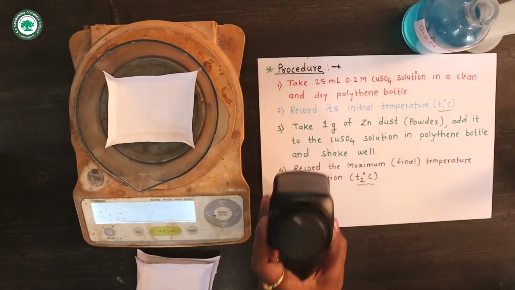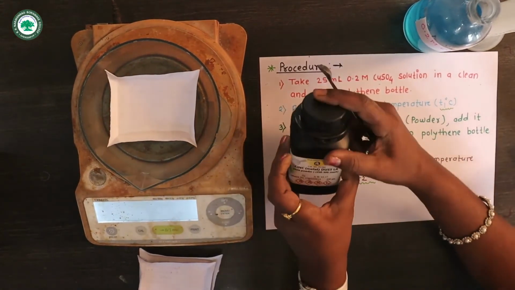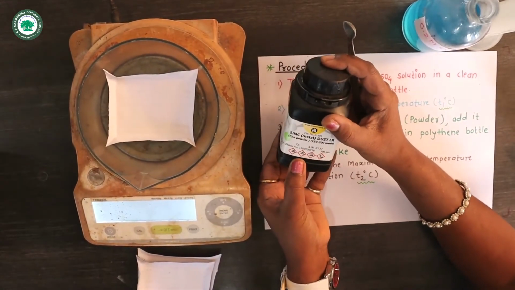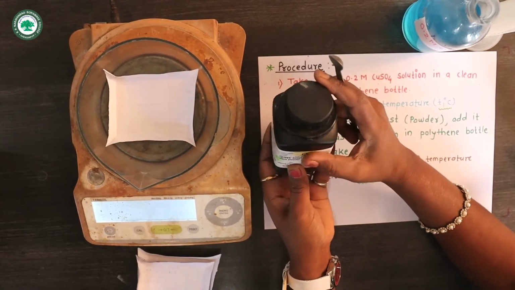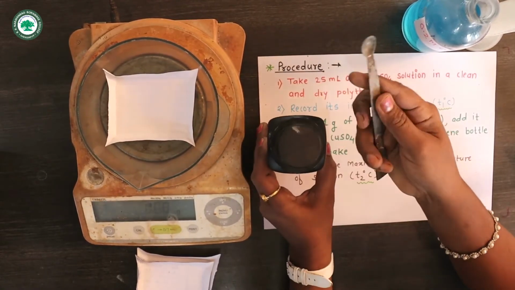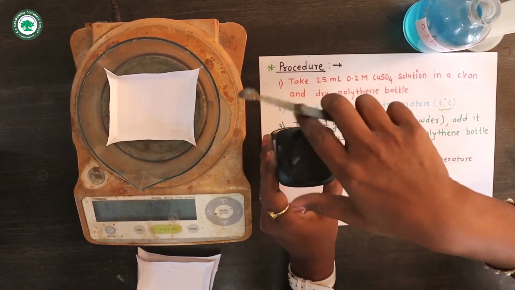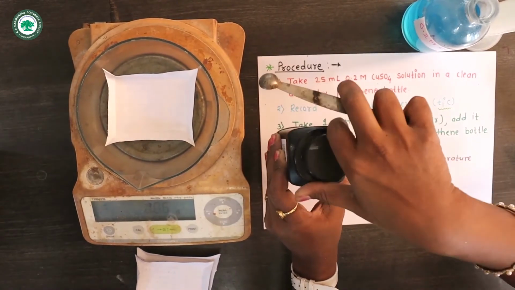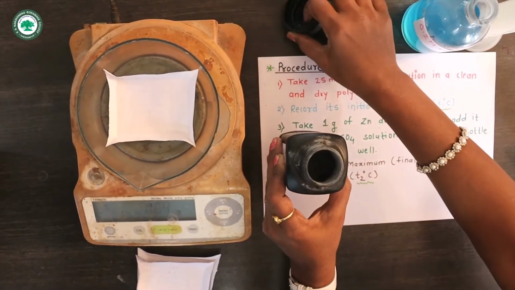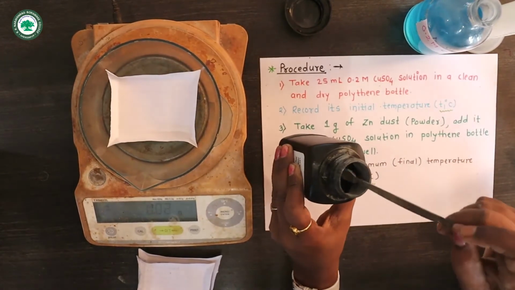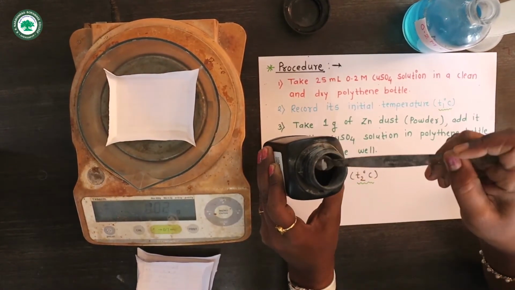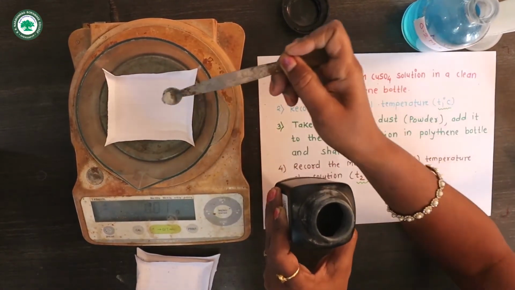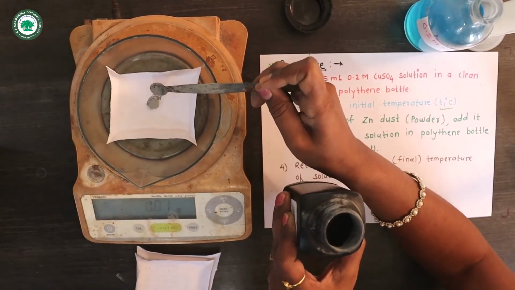To take the zinc dust powder from this bottle, we have to use this spatula. Don't take the dust by hand. Measure the weight of zinc dust equal to 1 gram.